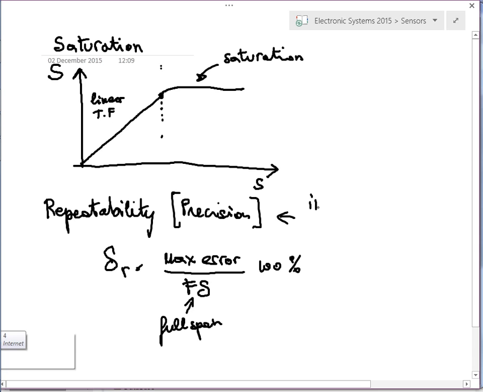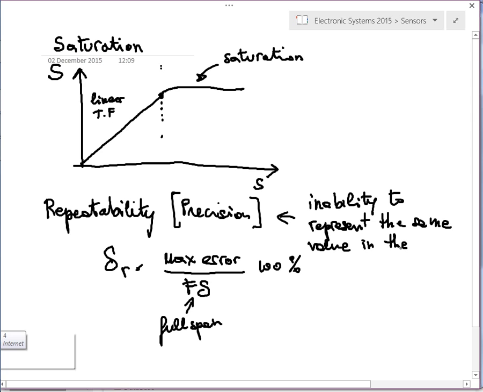So the repeatability is actually an error, the inability to represent the same value in the same conditions.